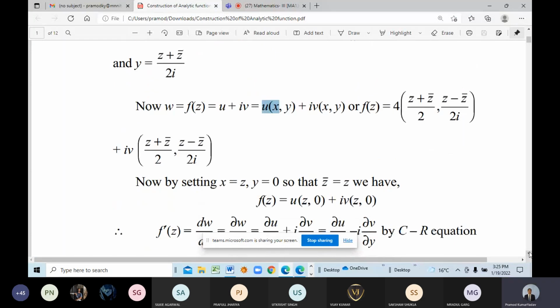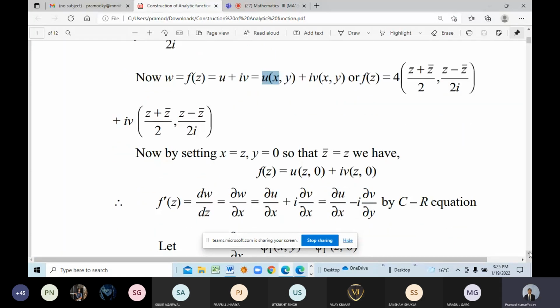Now what we are going to do is assume that all are real parts. u(x, y) is purely real, as well as v(x, y), which is also real. In case of real, its complex conjugate is the same as the function itself.